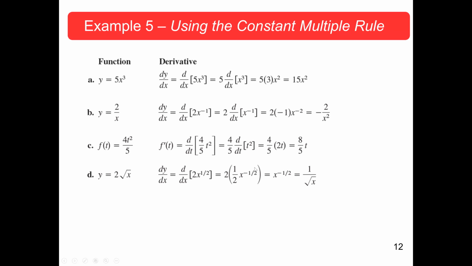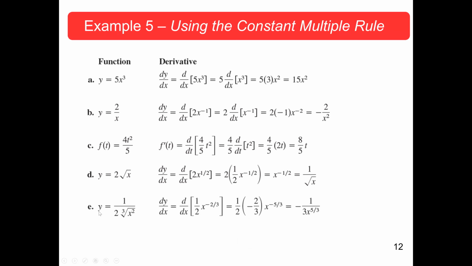Why negative half? Because it will be half minus 1. Half minus 1 will give us negative half. So the 2 can cancel the half, and our final answer will be x to the power negative half. We can rewrite it as 1 over square root of x because we change the negative half to positive.